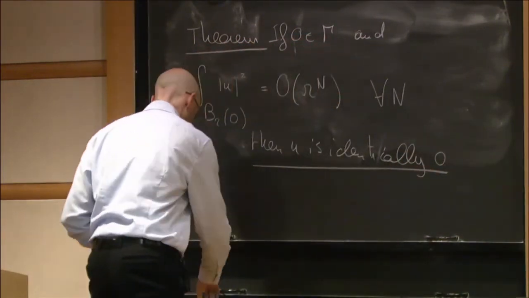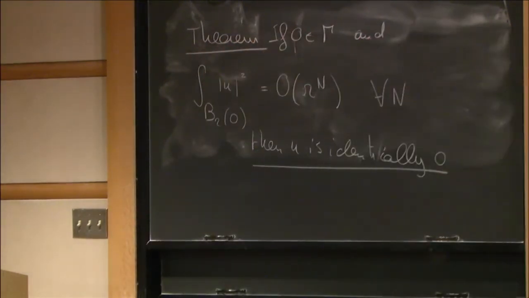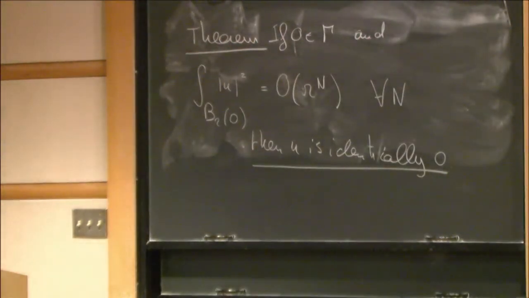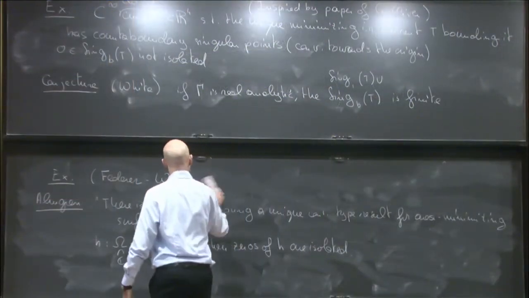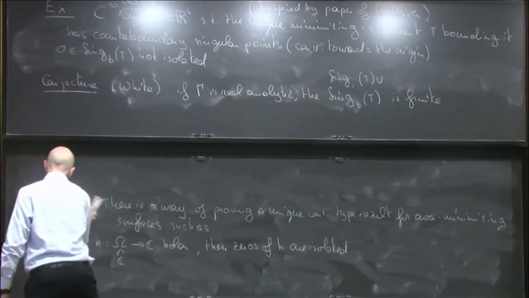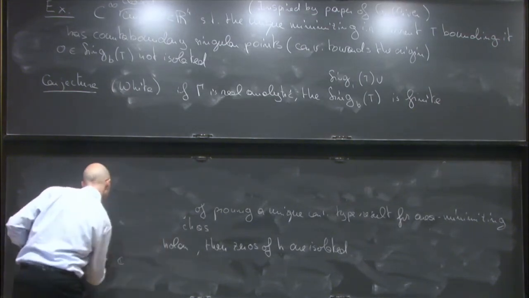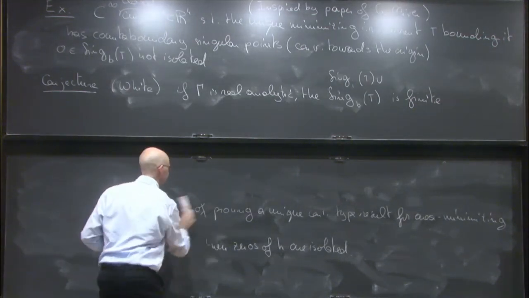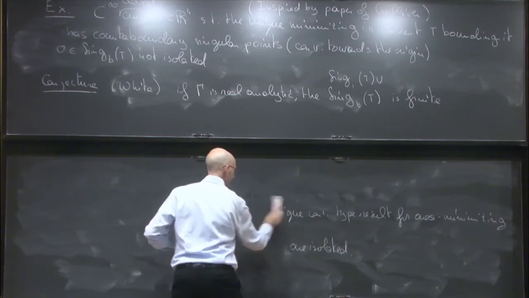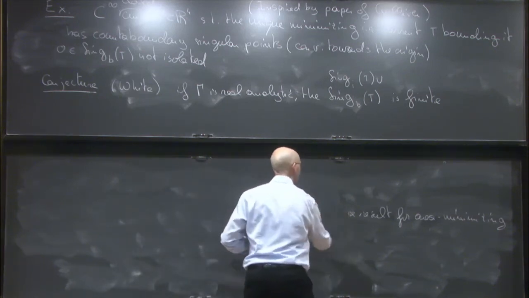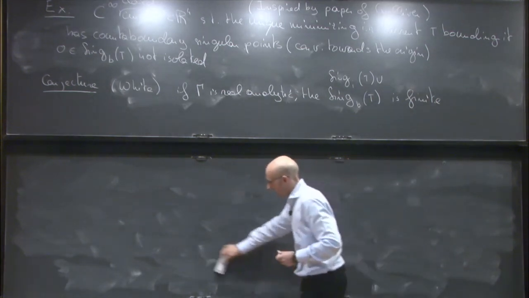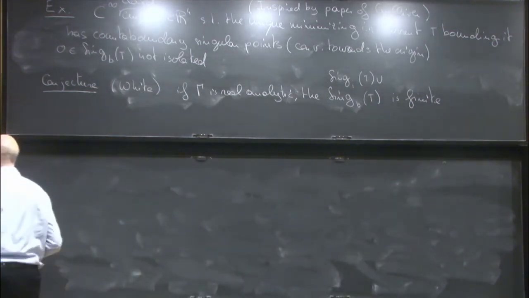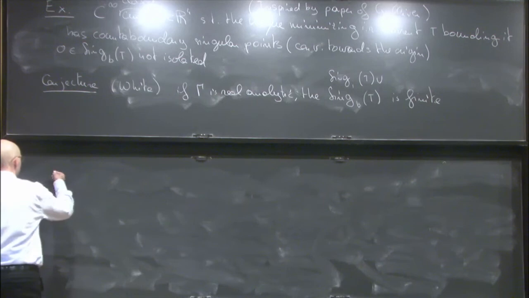Now, this is something that you can prove in several ways, but if you have the same problem in the interior, the key analytic idea of Almgren's big regularity paper is the following.